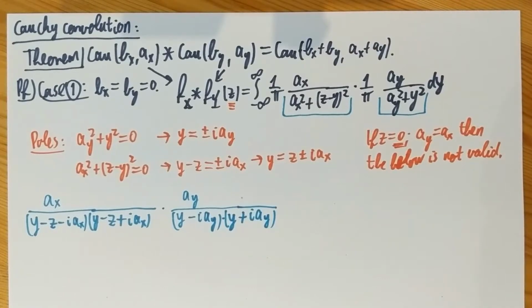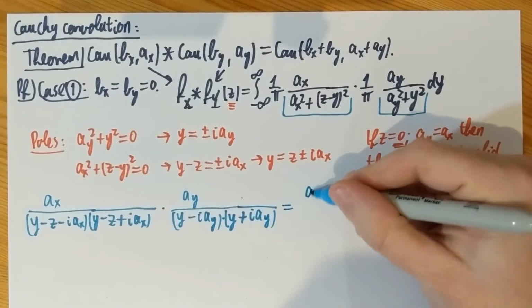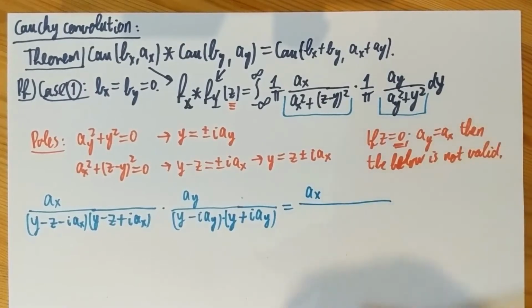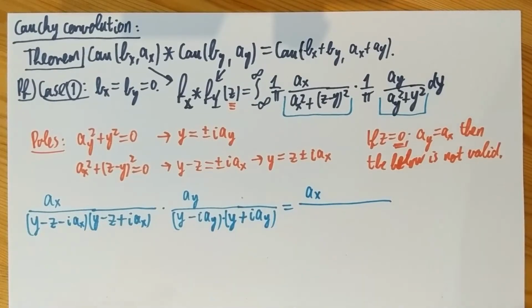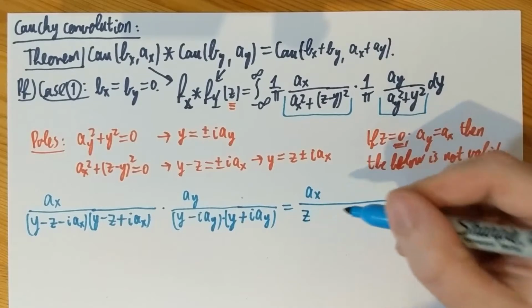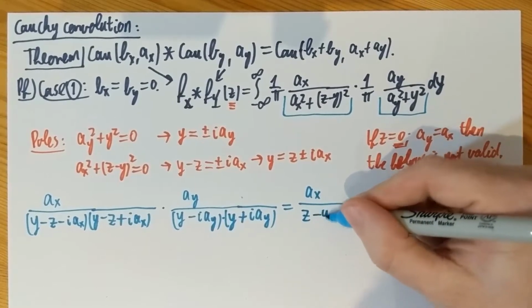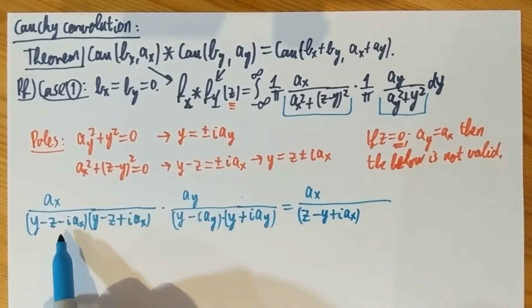That's one way of writing it. And then there is another way of writing it, which I am also going to use. It's just a very simple change. I am going to swap the minus sign into both of these terms. And if I do that, then of course nothing is going to change. So I'm going to say it's going to be z minus y plus IAX. I factored in a minus sign here.